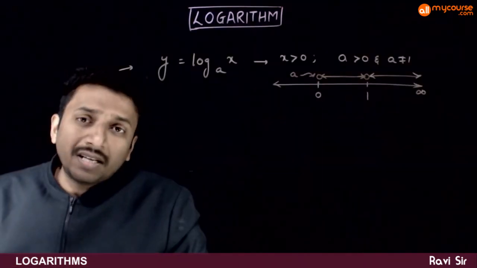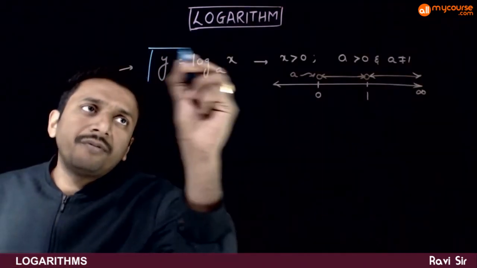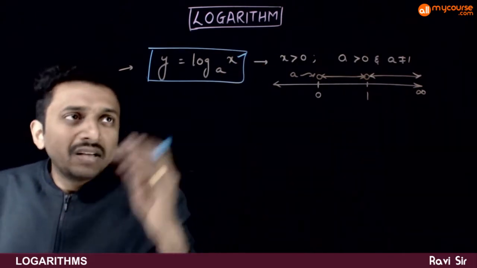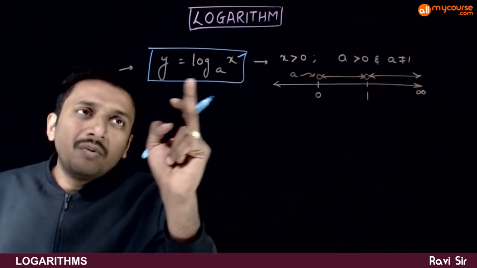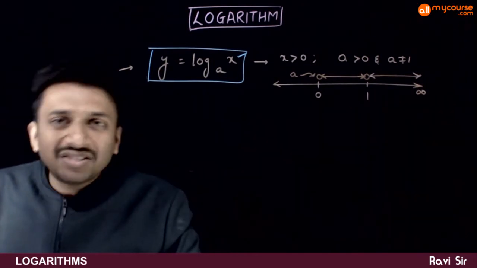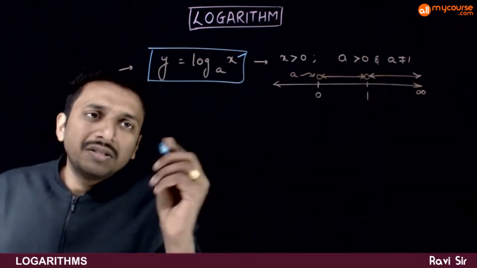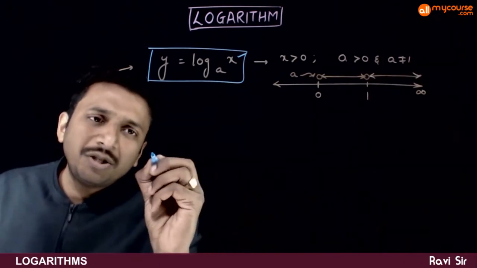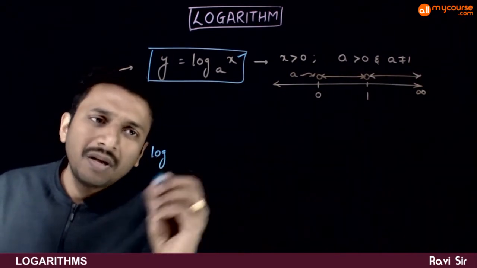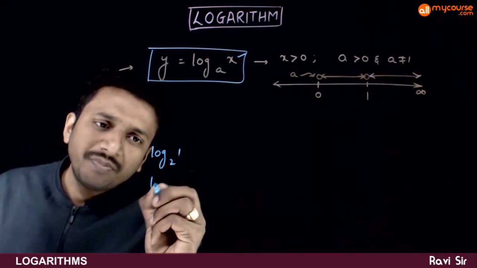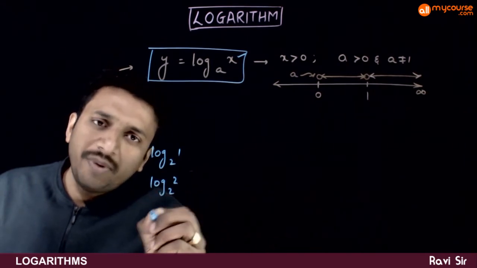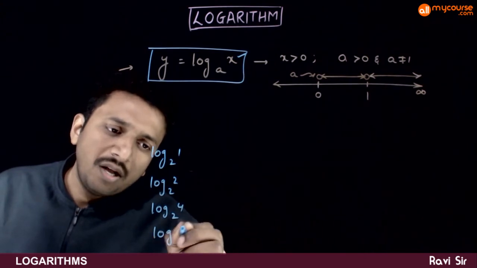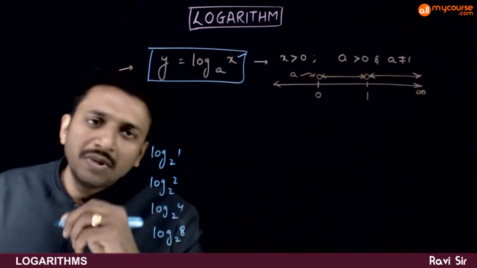So now let us look at how the values of logarithm change as x changes. If you increase this x, will the value of logarithm increase or decrease? So let us take the base as 2. So log 1 to the base 2, log 2 to the base 2, log 4 to the base 2, log 8 to the base 2, so on.